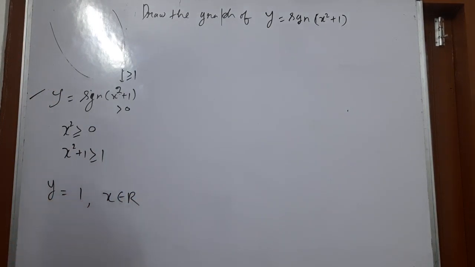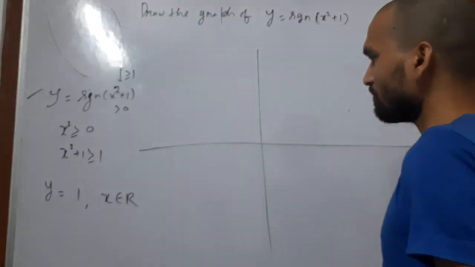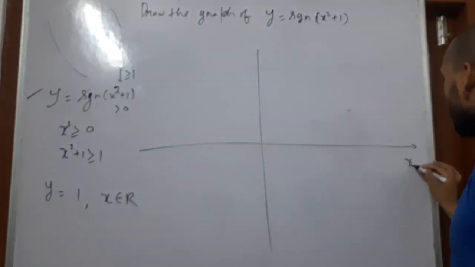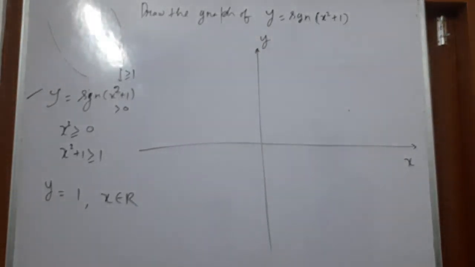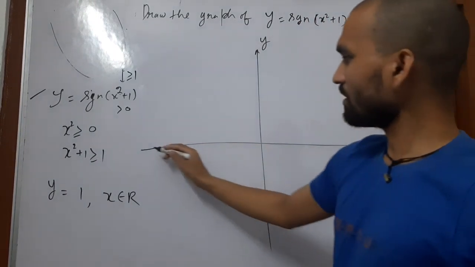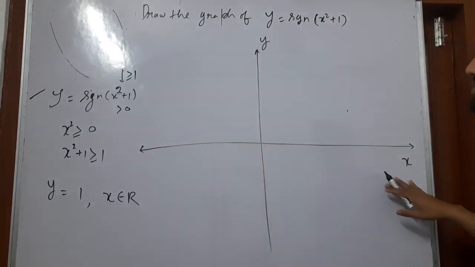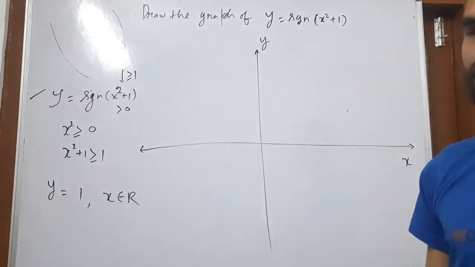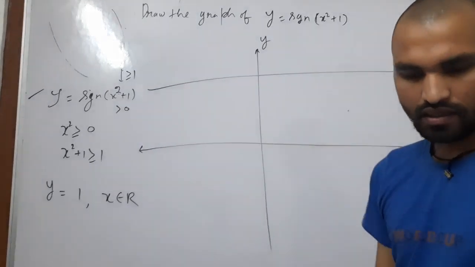So y will be 1 for every value of x, so let us draw this condition on the xy plane. For all values taken on the horizontal x-axis, y is always 1, so we should draw the value 1 as this.